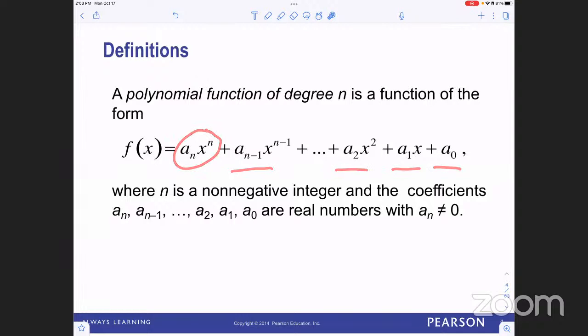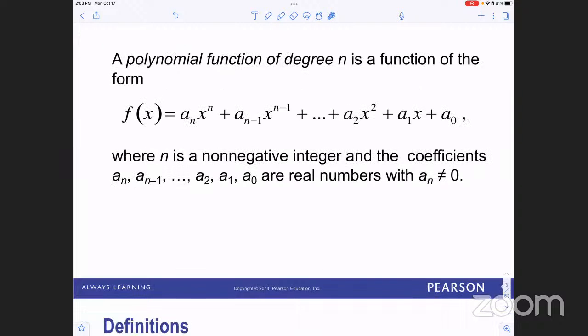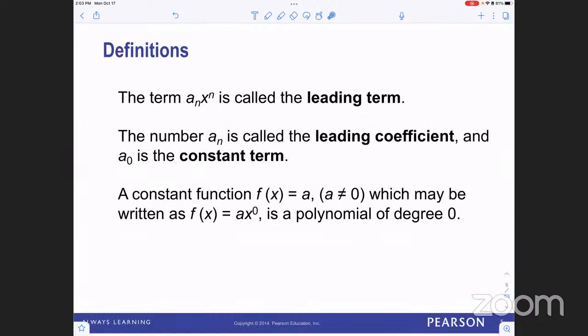These are all monomials. Okay, again, n is a non-negative integer. The coefficients are real numbers, where the leading coefficient is not 0, okay? So that's a mouthful, but once you start working with some of these, you'll be able to identify them easily. So the term a_n x to the n is called the leading term.